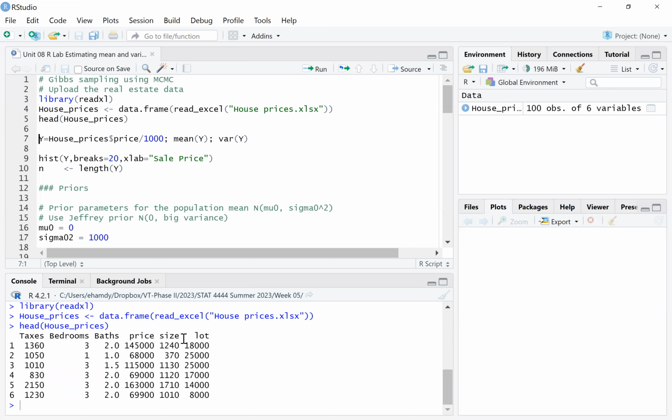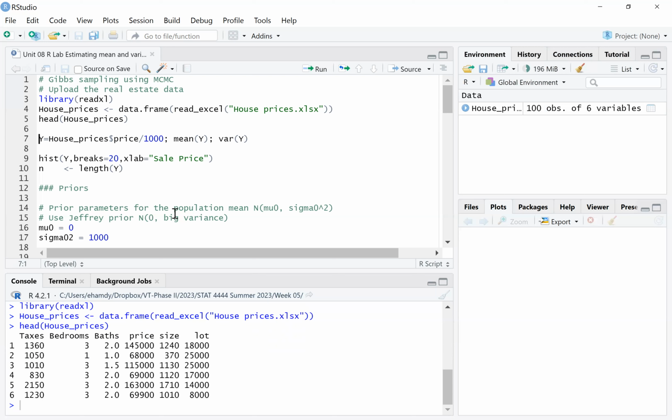So this data set has many variables, but let's say we are interested in price, and in calculating the mean of the price and the variance of price simultaneously. In the frequentist approach, you calculate the average of the price, the sum of the values divided by n, and to calculate the variance, you use the formula: the sum of (y_i minus y bar) squared divided by n minus 1.